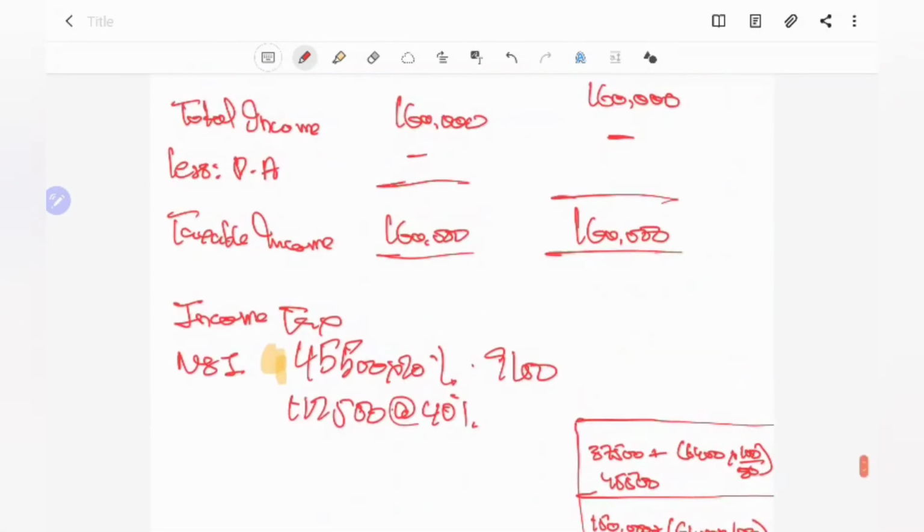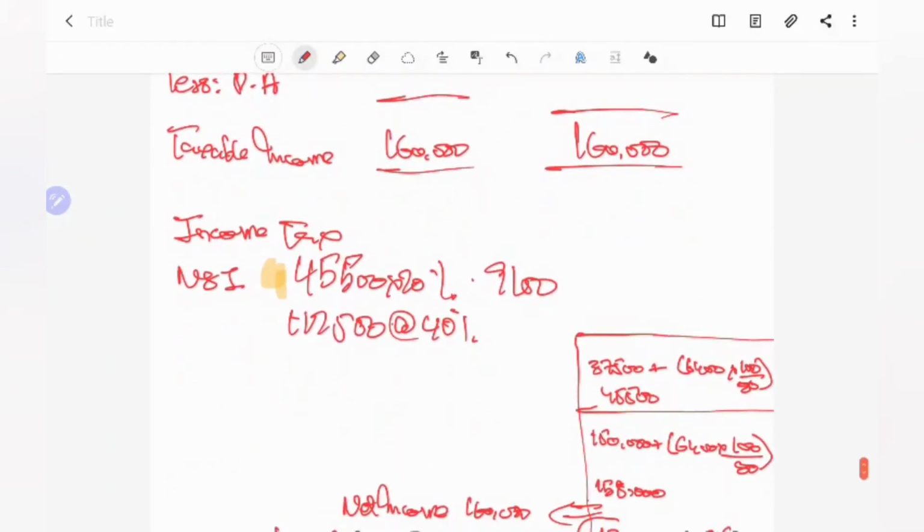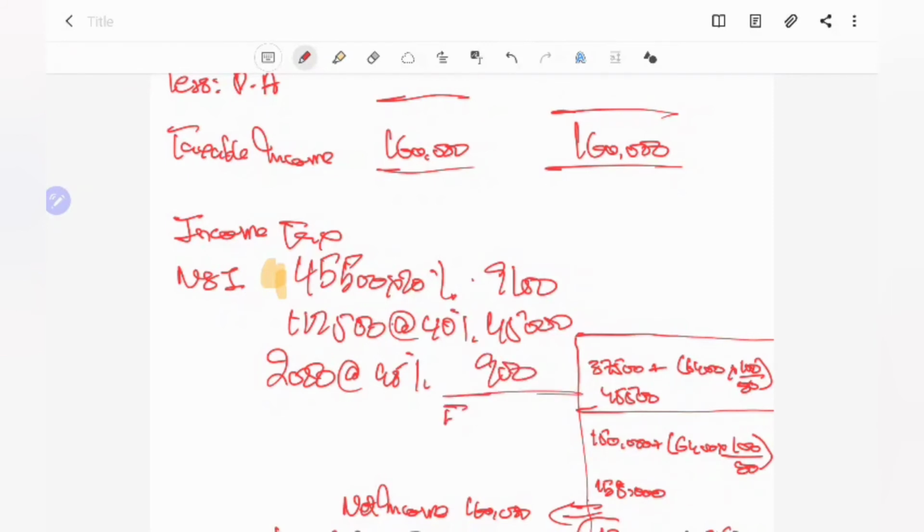The reason, 112,500 at 40%, I'll get exactly 45,000. And 2,000 at 45%, I will get 900 exactly. All done. 55,000 income tax liability.